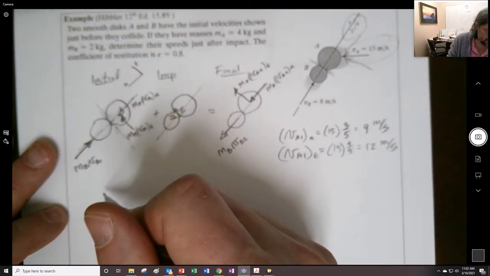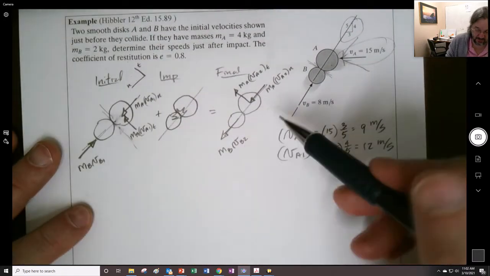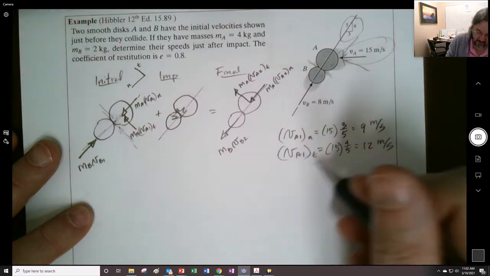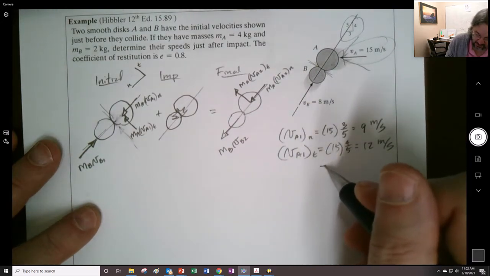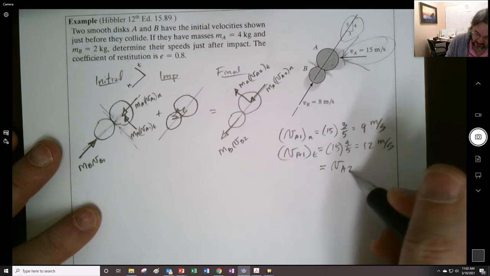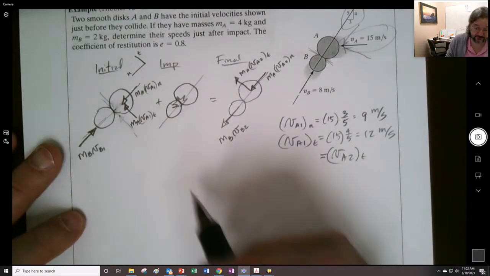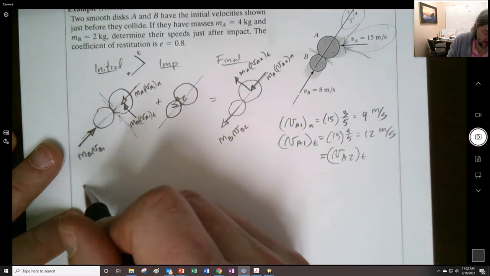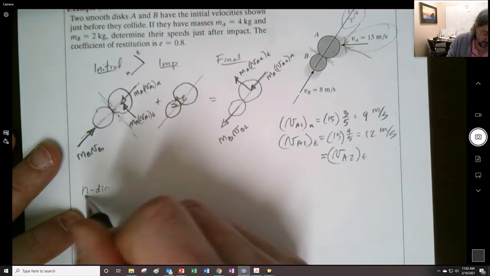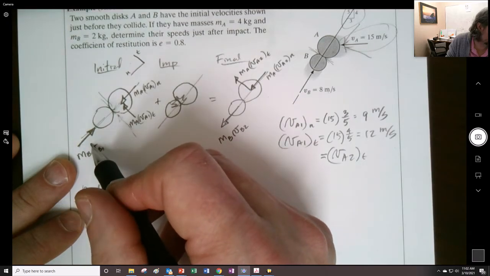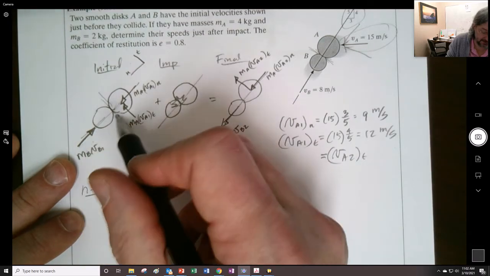So in the tangential direction, we know that this one, I'm not even going to bother to write it down, that this one in the tangential direction is also equal to A2 in the tangential direction. So we're good there. So now in the normal direction, we say this one needs to be minus right here.